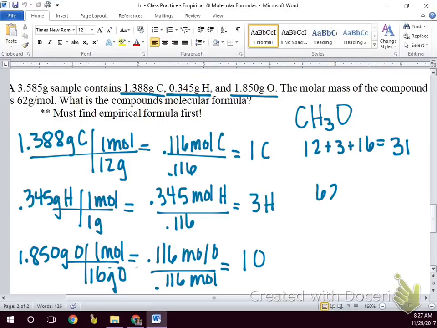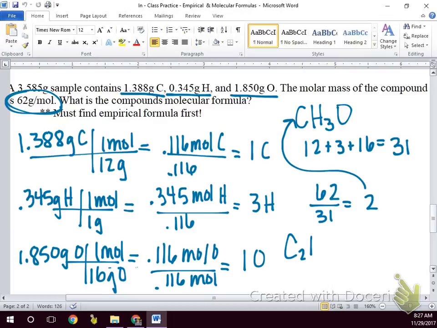So we're going to take 62 grams per mole, which is what was given to us, divided by 31, and get a whole number ratio of 2. Now we're going to take that up here and multiply all that by 2. So C2H6O2.